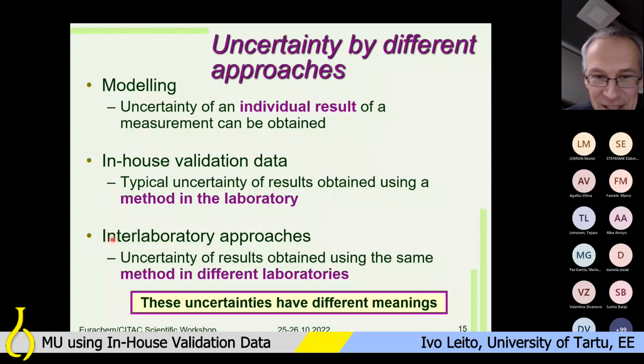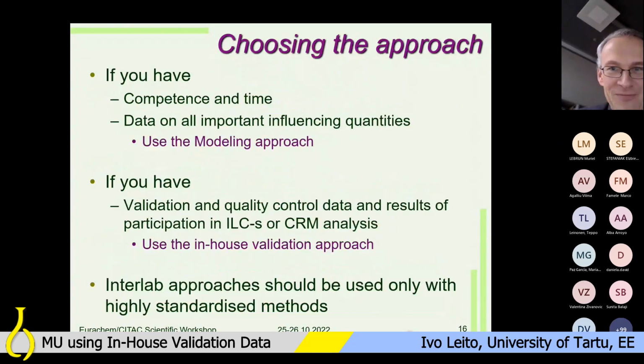And finally, with interlaboratory approaches, what you get is the average uncertainty of a method in many different laboratories. So all in all, as you see, these uncertainties do have different meanings. And also it is quite obvious that these uncertainties numerically might be quite different even for the same method, because they come from completely different assumptions and completely different starting points.